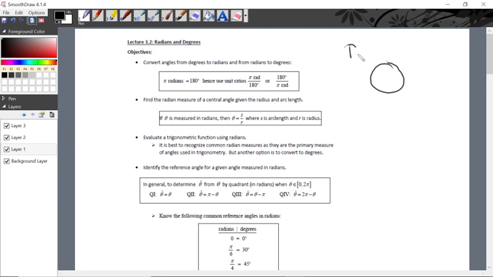If we take the unit circle, recall that the unit circle is a circle centered at 0, 0, that has a radius that is equal to 1 unit. For example, if the radius is 1 foot, 1 mile, 1 astronomical unit, 1 meter, that would be the unit circle. So r is equal to 1 unit in the unit circle.